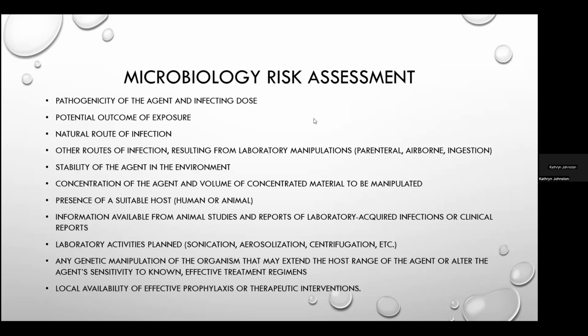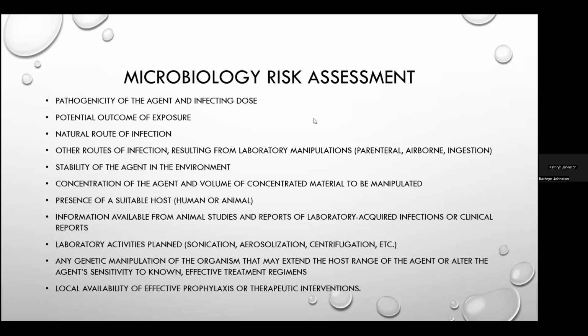It should be like the micro supervisor or somebody who has an idea of the history of the types of organisms that are being seen, the work that's being done, the procedures and the equipment that are going to be utilized, and the containment equipment and facilities that are available within the laboratory. And then the risk assessments should be reviewed routinely and revised when necessary.